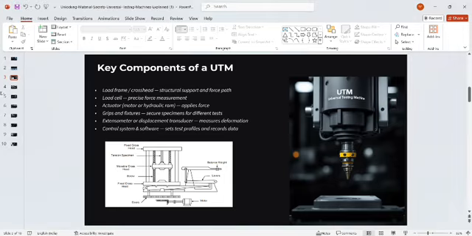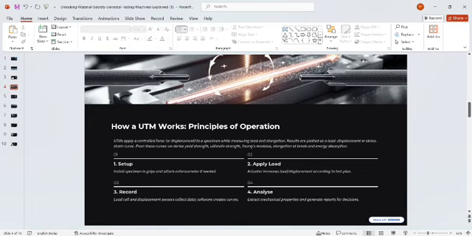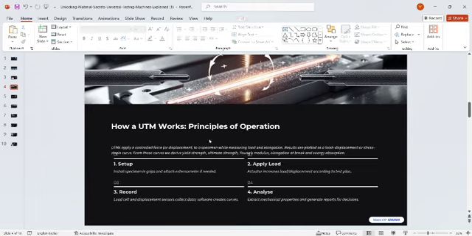Next slide. How does a UTM work? The principal operation: a UTM applies a controlled force on the specimen while measuring the elongation, which results in a plotted load-displacement or stress-strain curve.